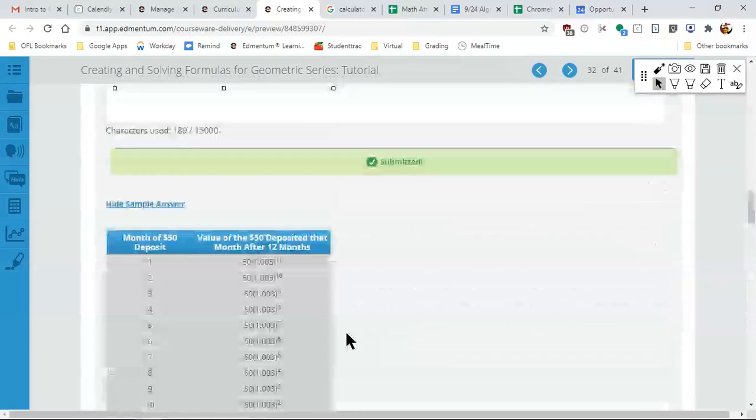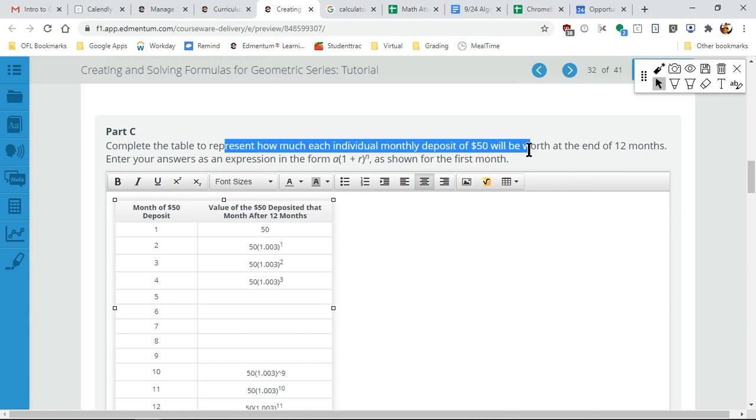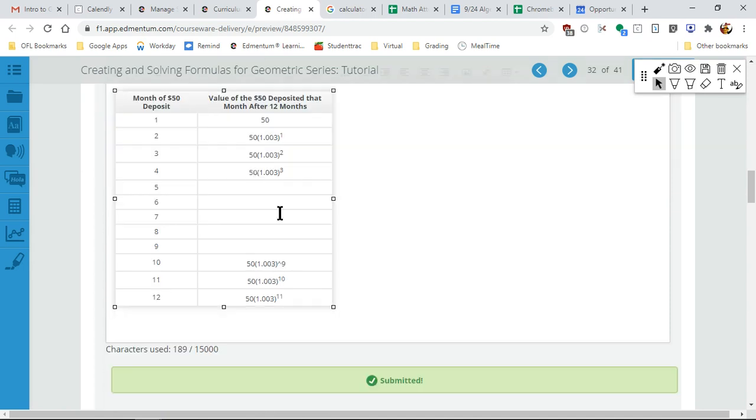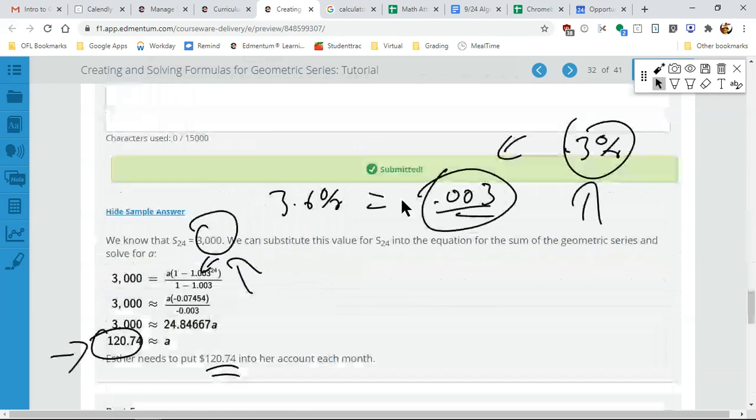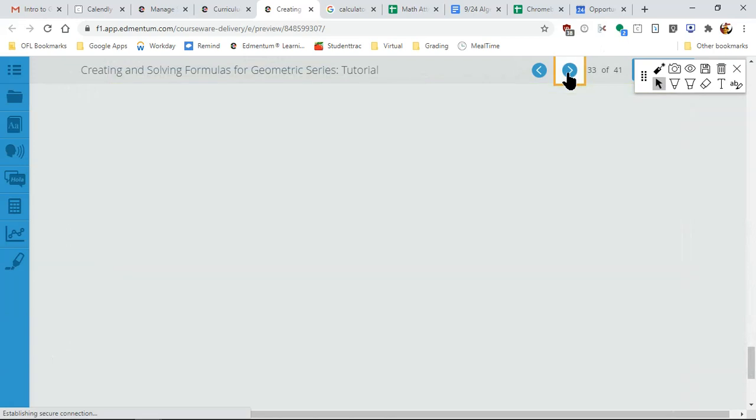They never mentioned that she's putting $50 aside every month. How much would each monthly deposit? Oh, they did put it here. Oh my gosh, I'm like yelling at them, but they put it very subtly. Each monthly deposit. So she's putting in $50 every month. Okay. I'm a little less angry now. They just didn't do a good job with that.